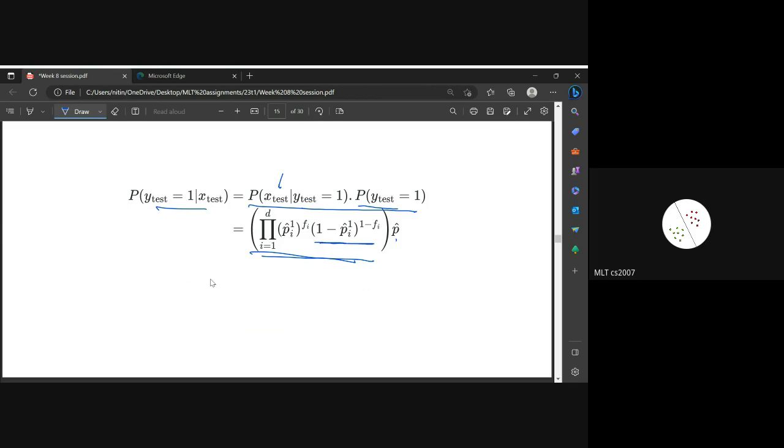It vanishes means it becomes 1, and for this particular feature you count this estimate, the estimate that the ith feature takes value 1. And if the ith feature takes value 0, you are multiplying with 1 minus p of i given the label. In this case, if it is 0, this will become 1, and this will be counted. That's how this expression makes sense, right?